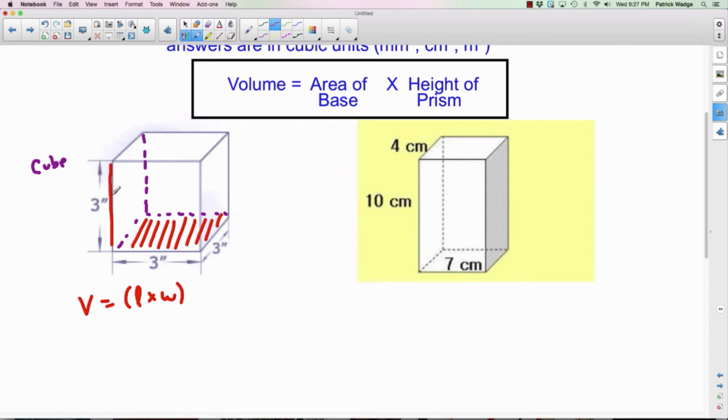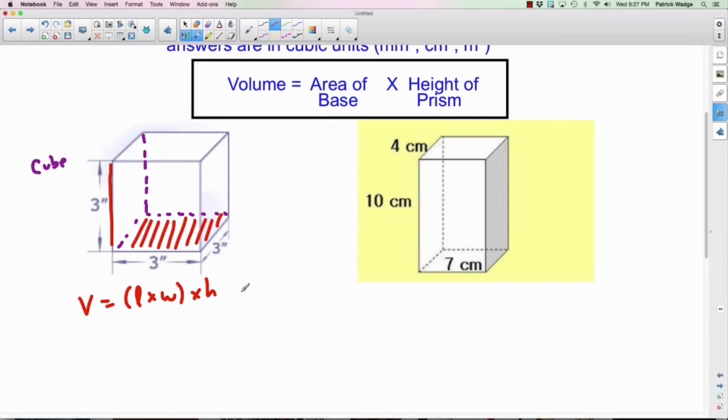Well, the height would be this amount right here. So you end up with length times width times height. And that's what's always going to work for these rectangular prisms. That's your formula for rectangular prisms: length times width times height. Whether it's a square prism or a rectangular prism, you can always use this formula. Now it turns out for a cube, there's a faster way you could do it. What do you know about the length, the width, and the height in a cube? They're all the same.